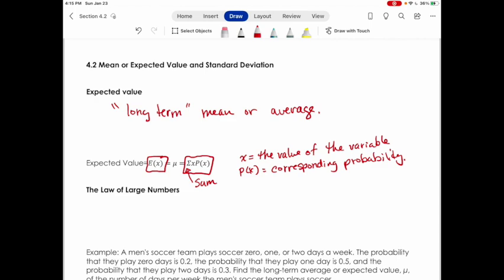Now, for the law of large numbers, this basically tells us as the number of our experiments or our trials increase, the actual probability that we're getting in those trials is going to get closer and closer to the theoretical probability. So, for example, if I flipped a coin 4 times, theoretically, I know that I should get heads half the time and tails the other half.